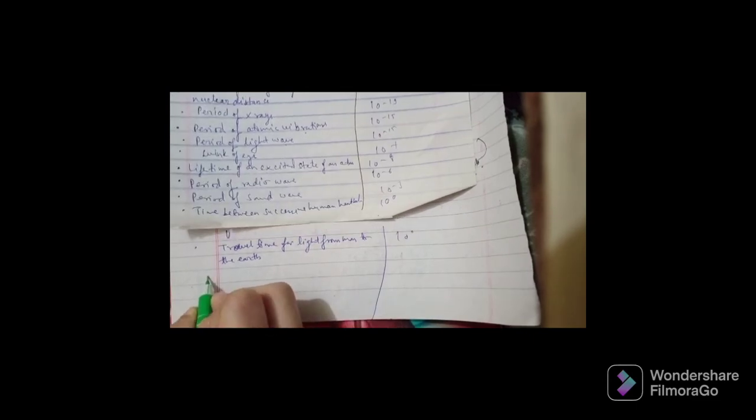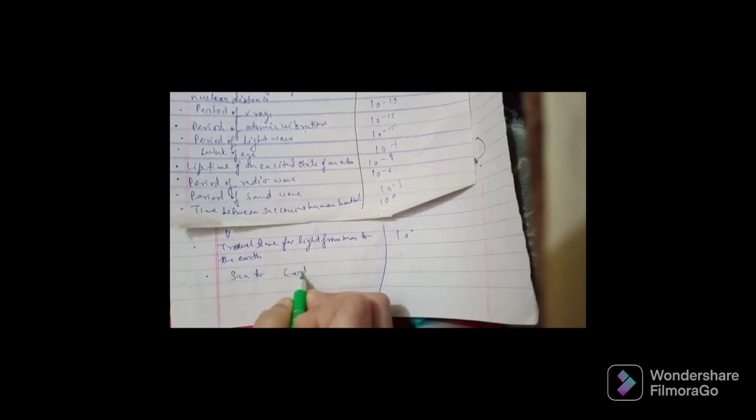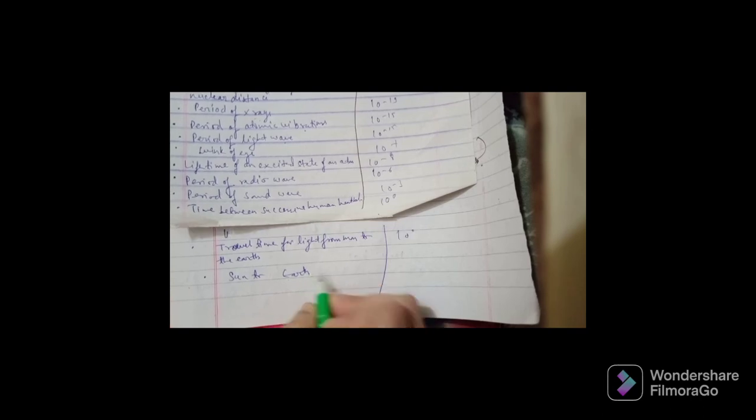Then another we have travel time of light from the sun to the earth, is 10 to the power 2.